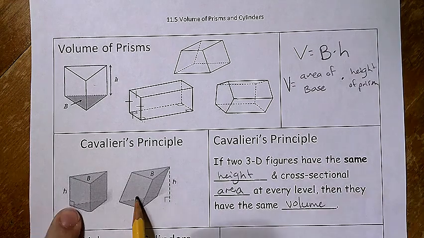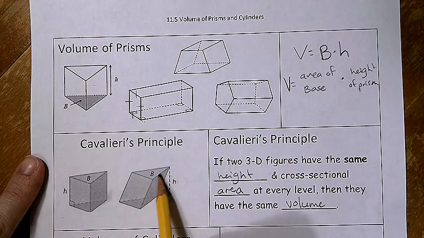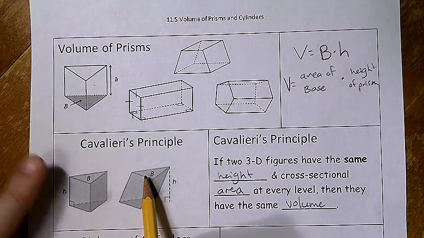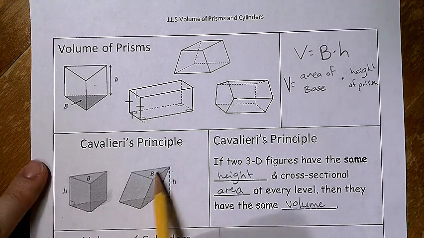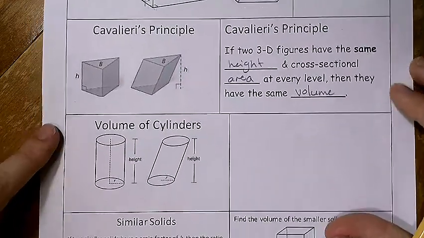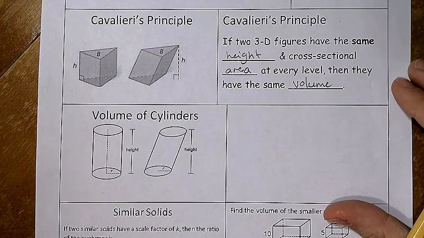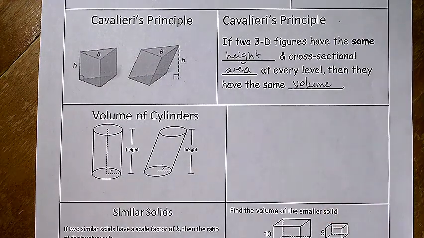So these two triangular prisms have a height of h, and the area of their base, their B, is exactly the same. Therefore, they have the exact same volume according to Cavalieri's principle. So we're going to be using that a little bit when we are working on some of these problems.